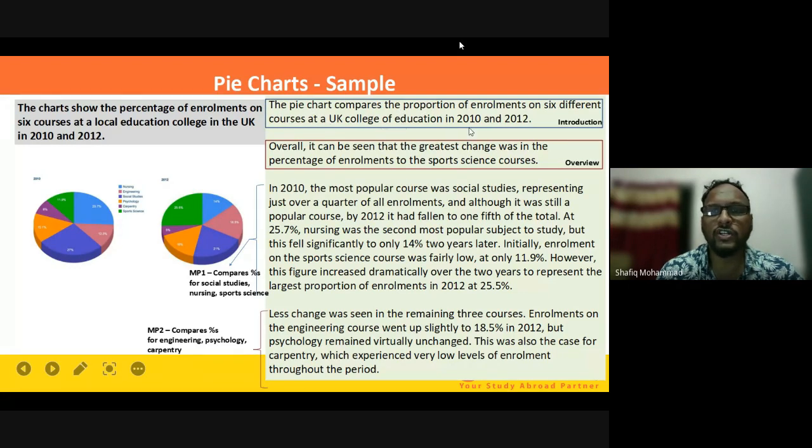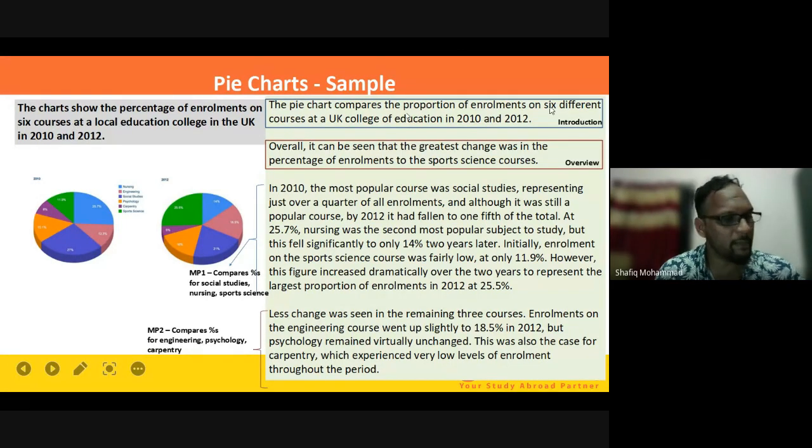The pie chart compares the proportion of enrollments on 6 different courses at a UK College of Education in 2010 and 2012. So it's very simply given, right? Actually there are two pie charts, so it should be "the two pie charts compare the proportion." Instead of percentage, proportion is given. And obviously enrollments is the same thing. Enrollments on 6 different courses.